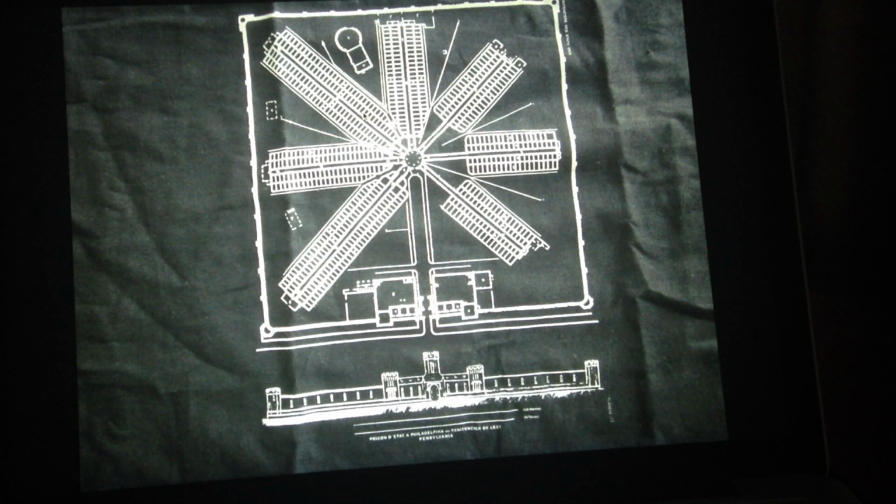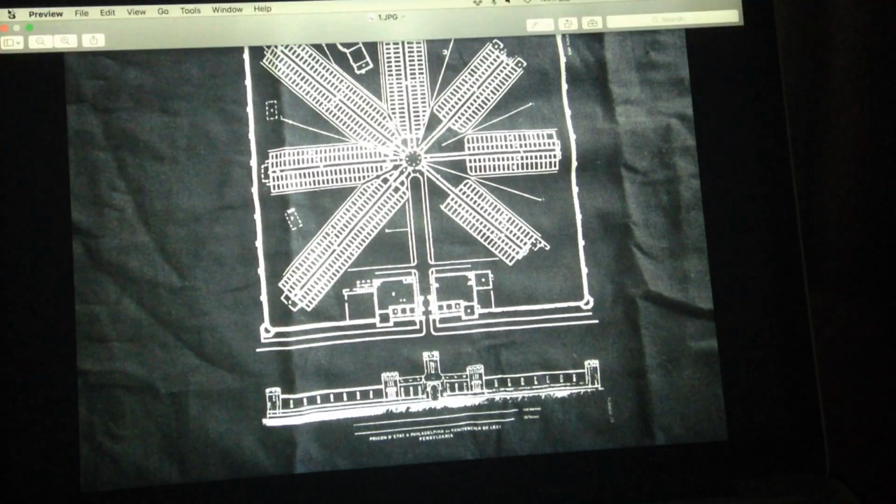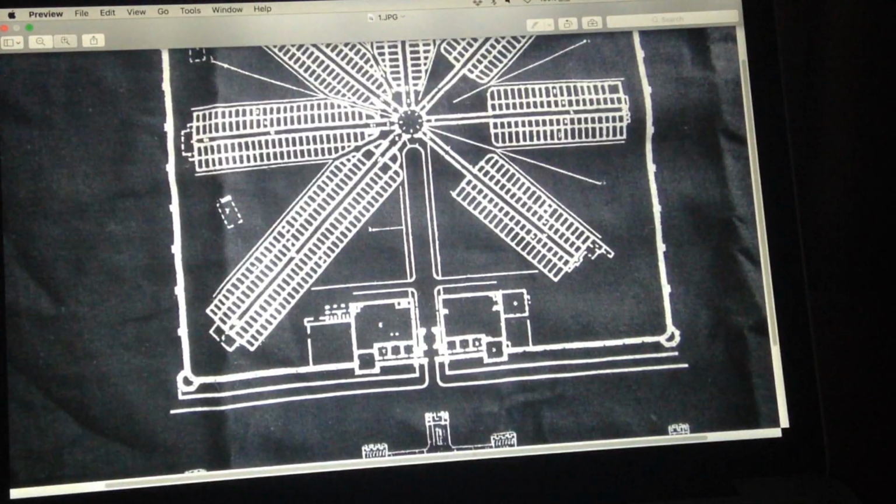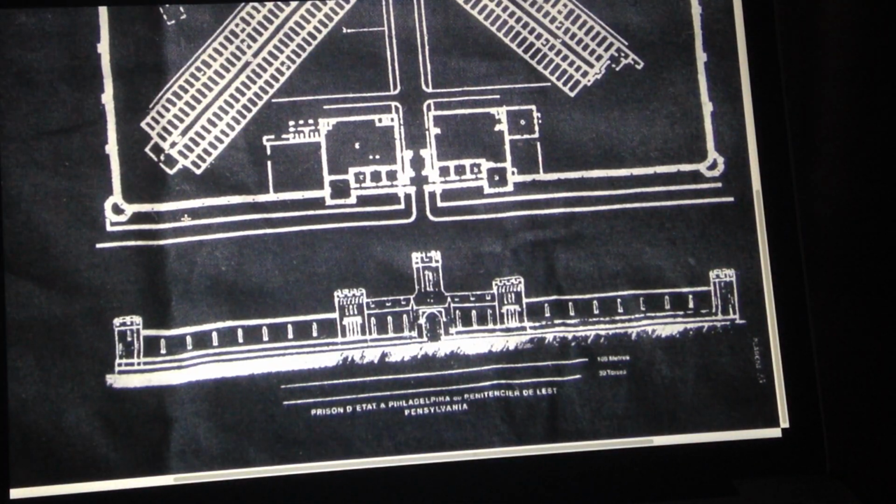Let me also expand the view of what we're looking at here, the facade. Now, you could get into a food fight between which prison design was more influential, the American design by way of Haviland or Pentonville in London.